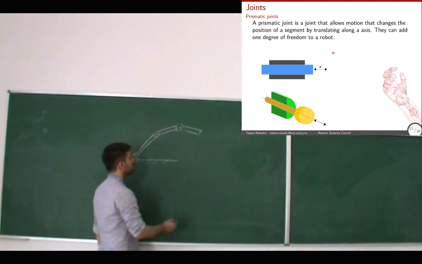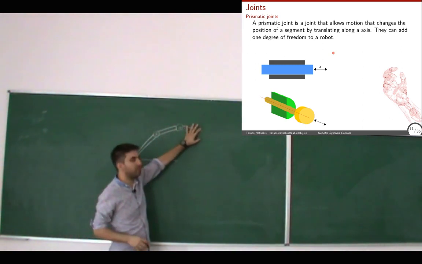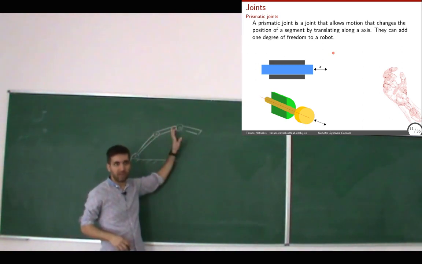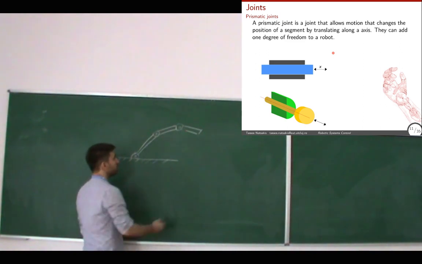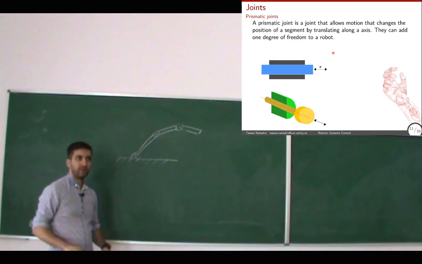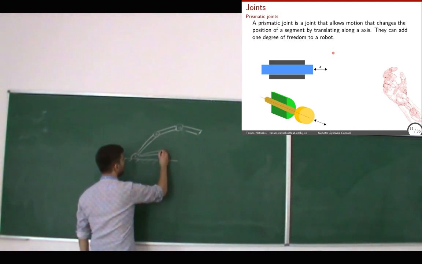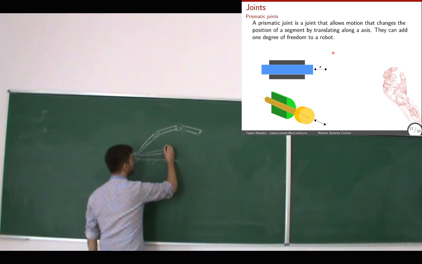So I can change X and Y independently with 2 joints, with 3 joints as well. So nothing changes. But I can also keep the same X and Y and have a different orientation. Something like this.